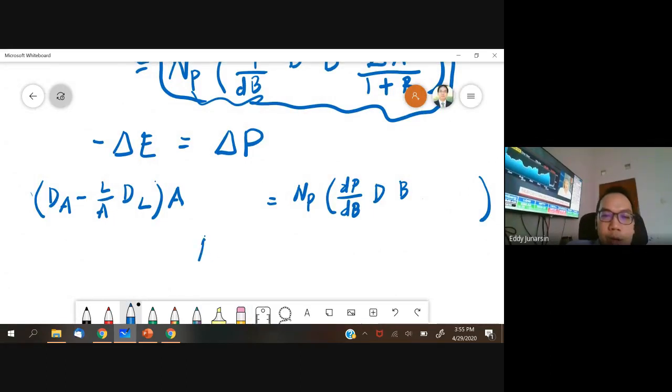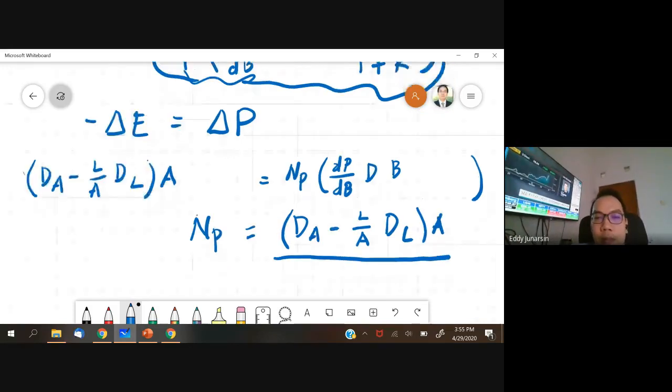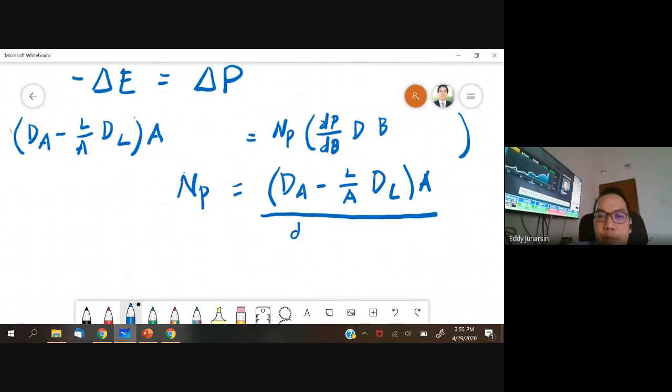equation. So the number of put option contracts to be taken should equal something like this. Now very easy. Divided by the delta of the option, dP/dB, multiplied by the duration of the underlying bond multiplied by the size of the bond.